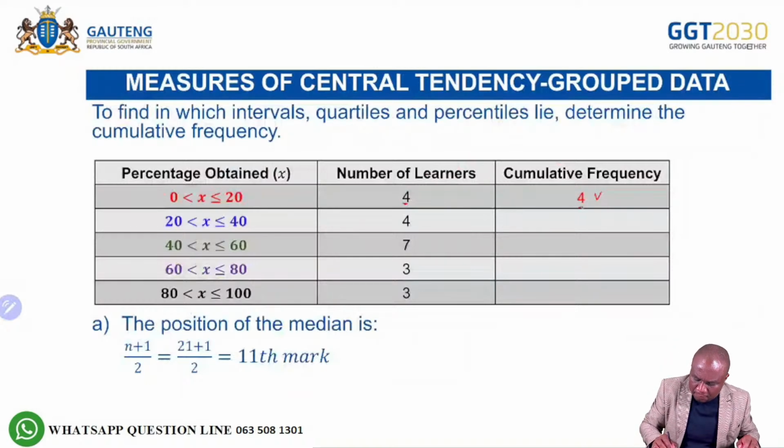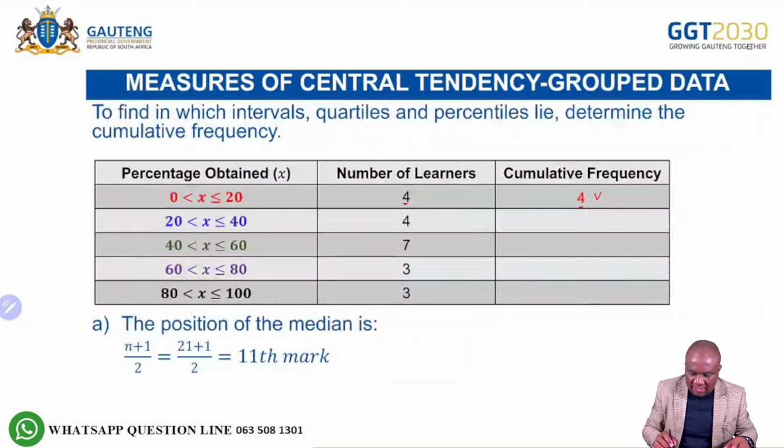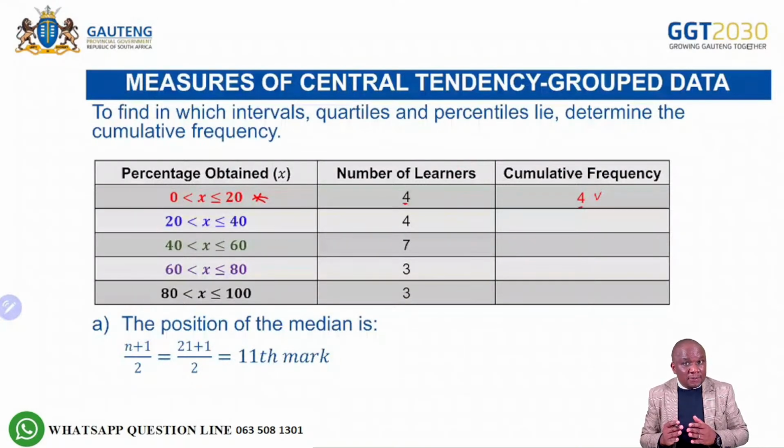So this 4 means the first 4 marks, up to 4 marks or up to 4 learners. So the 4 marks arranged in ascending order are in this interval, up to 4 marks.